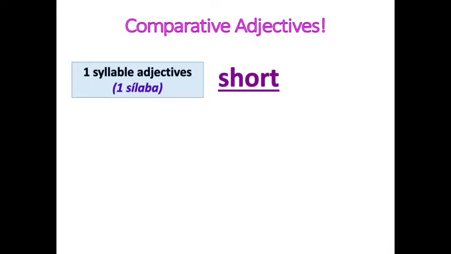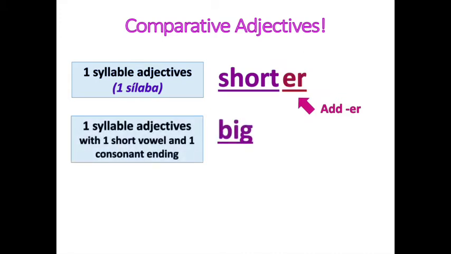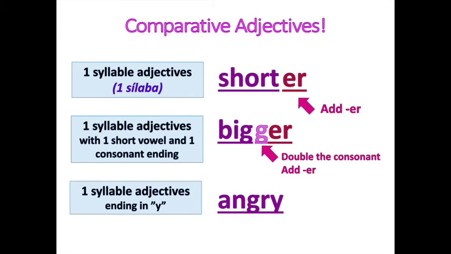Here are some rules for making comparative adjectives. For one-syllable adjectives, you add ER at the end. For one-syllable adjectives that have one short vowel and one consonant at the end, you double the consonant and add ER. For one-syllable adjectives ending in Y, the Y changes to an I, and then you add ER.